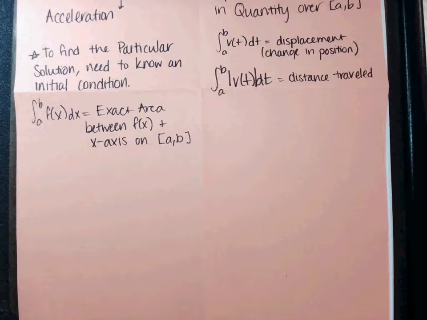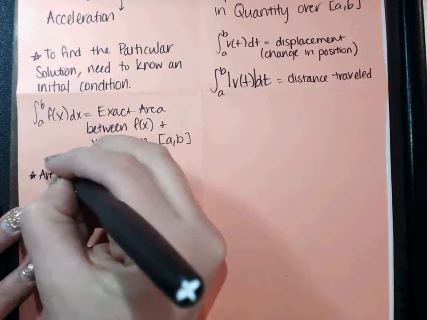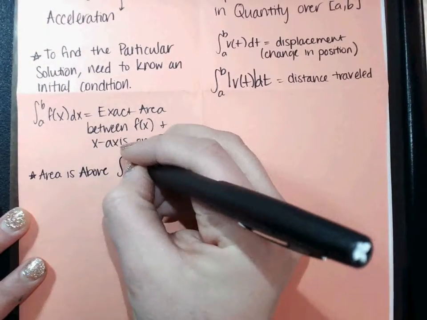Now let's talk about the actual integral. So remember, area is always positive, but remember that if you integrate a function that is below the x-axis, how does your integral come out? If it's below, negative. What about if it's above? Positive. Okay, so I'm going to put a little star here. If your area is above, then the integral is going to come out to be positive.